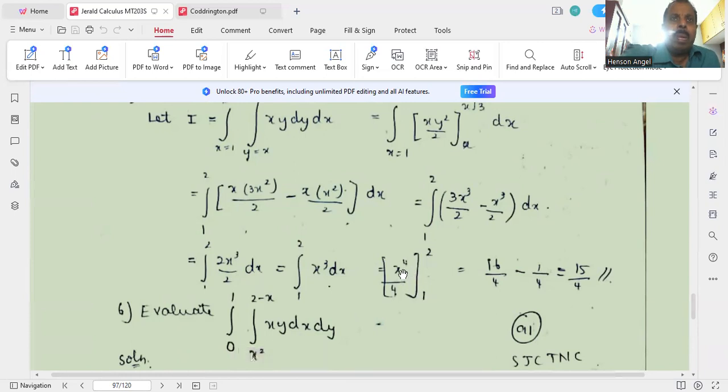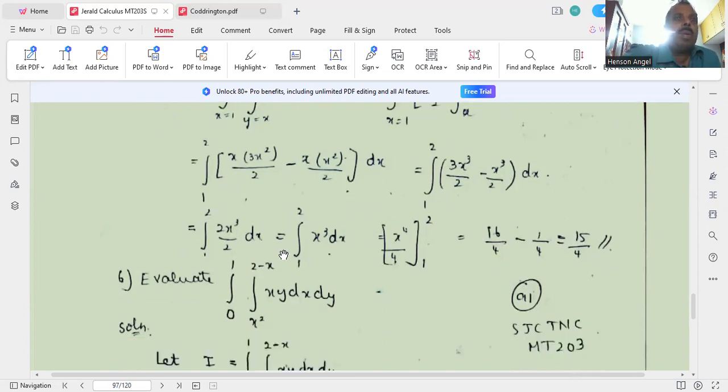So we apply the upper limit 2 for x. We get 2 power 4, that is 16, 16 by 4 minus lower limit, that is 1 by 4. When you simplify this by taking LCM, LCM is 4. Here we get 16 minus 1, that is 15. So 15 by 4. This completes the fifth problem.